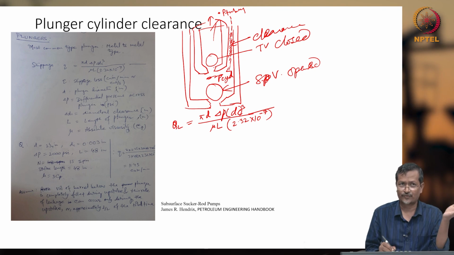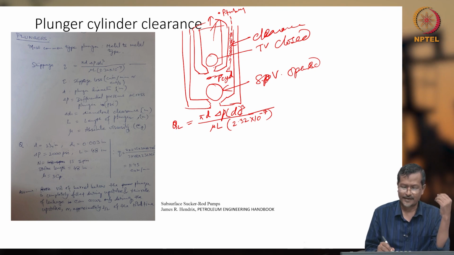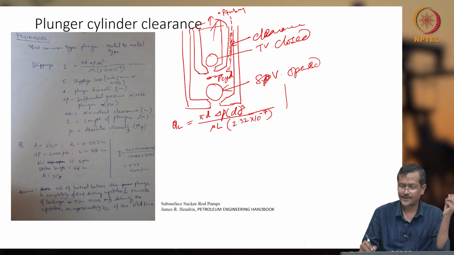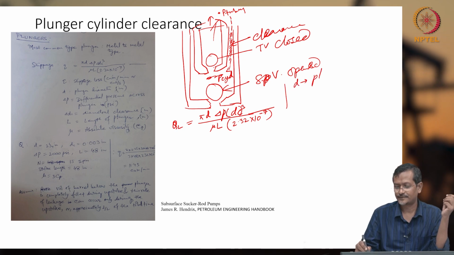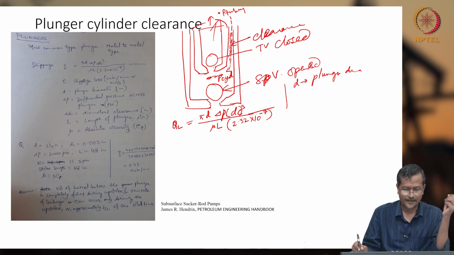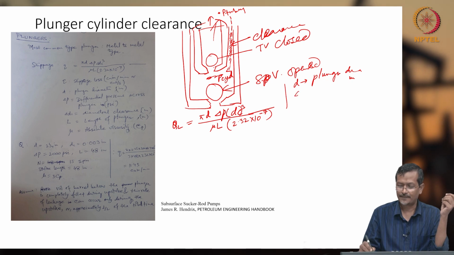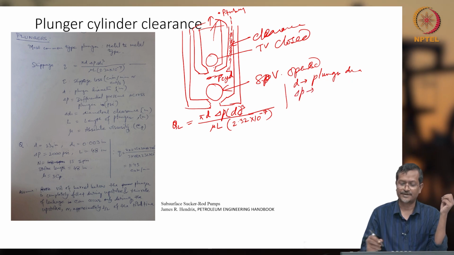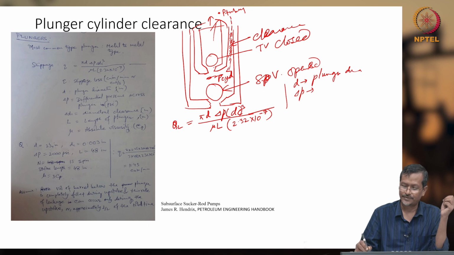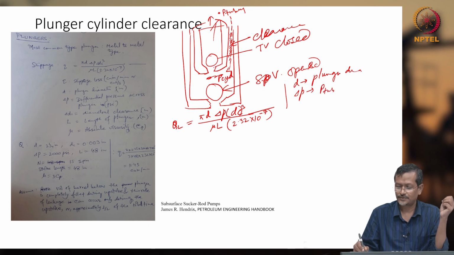What is pi? Pi, you know, 3.14 is a constant, and D is the plunger diameter, given in inches. Del P is the pressure difference between cylinder and tubing: P tubing minus P cylinder.